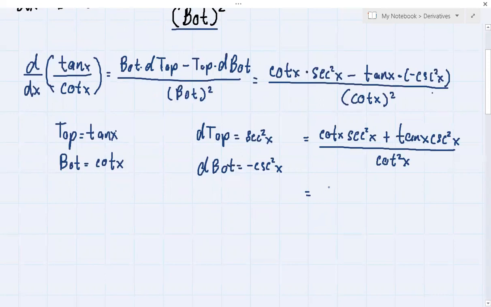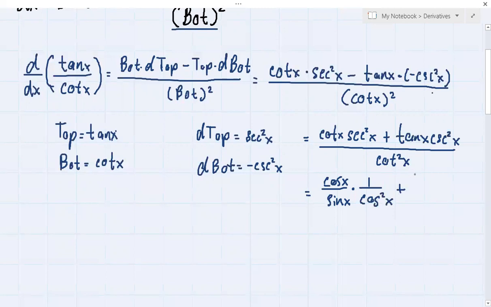Remember, cotangent x is cosine x all over sine x, di ba? So, we can rewrite it here. Cosine x all over sine x. Okay? And secant x is the same as 1 all over cosine x, right? Kung naalala nyo. Pero, since naka-square si secant, so magiging 1 all over cosine squared of x.